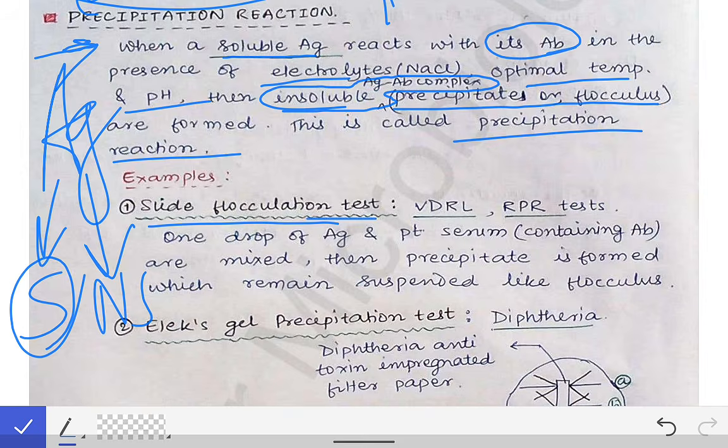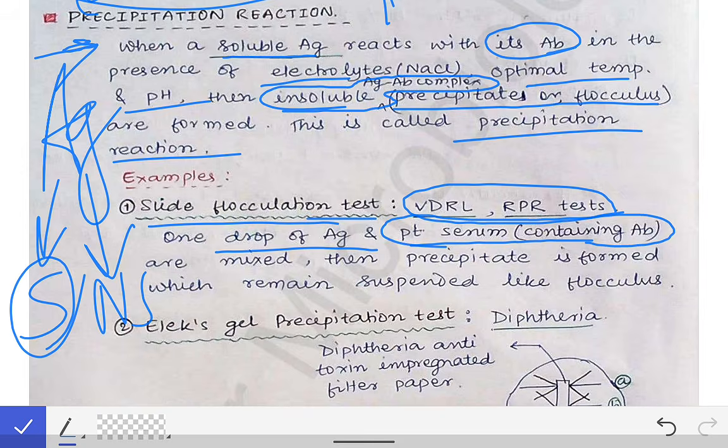I hope you remember the syphilis class, where I had discussed the VDRL test and the RPR test, that is the Venereal Disease Research Laboratory test and the Rapid Plasma Reagin test, where one drop of antigen and the patient serum, which supposedly contains the antibody against syphilis, are mixed, and when they are mixed there is formation of flocculus, which is nothing but a precipitate formation.